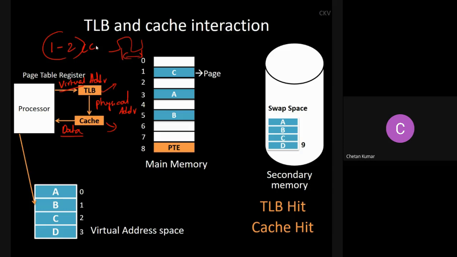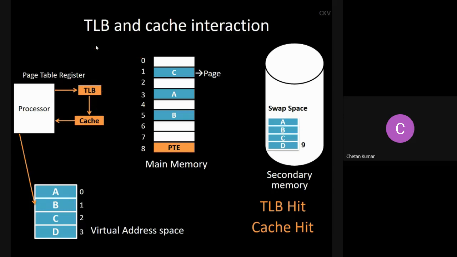Now, can you tell me what is the next case scenario? So this is one scenario where you will find a TLB hit and a cache hit. Now let's talk about another case. Let's say the virtual address is sent by the processor to the TLB, and here it will be a TLB hit, and then you get the physical address.